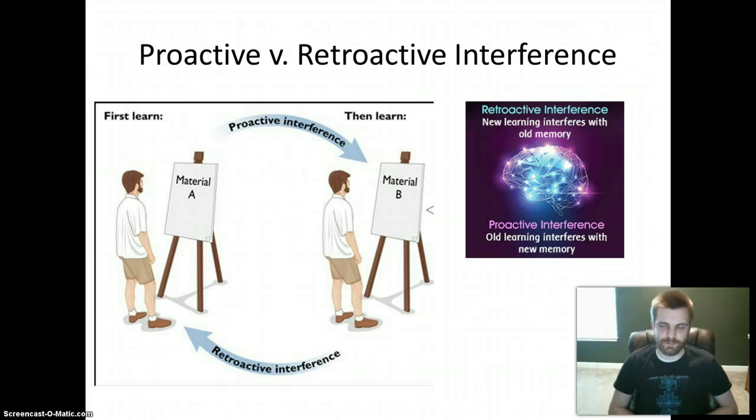For example, for proactive interference, if you have known something from the past and you're trying to remember something new, that old information from the past may cause conflict in remembering new information. If you have retroactive interference, if you are learning new information, it may be very difficult to remember old information.